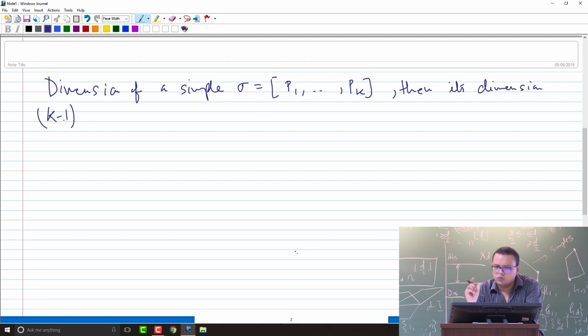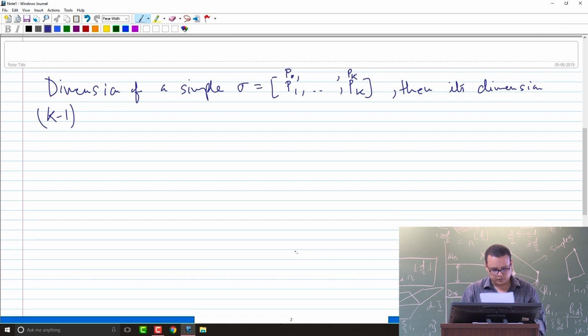If it is two points P1, P2, it is a one dimensional simplex, a segment. One point is a 0 dimensional simplex, a vertex. To remove this k minus 1 confusion, from now on I will write simplices as p naught to pk, and the dimension of the simplex will be k. Start with 0, that is it.